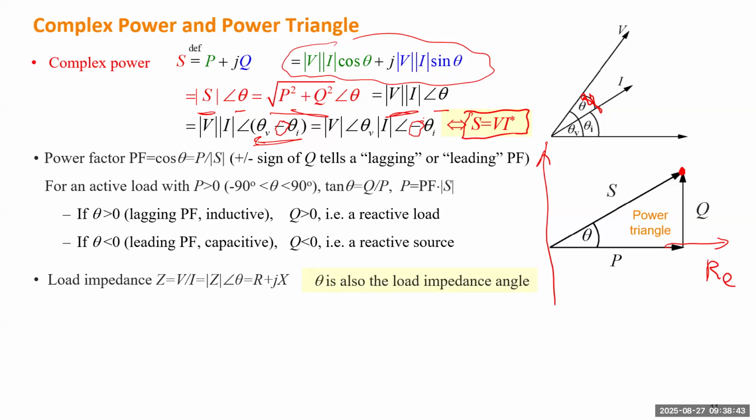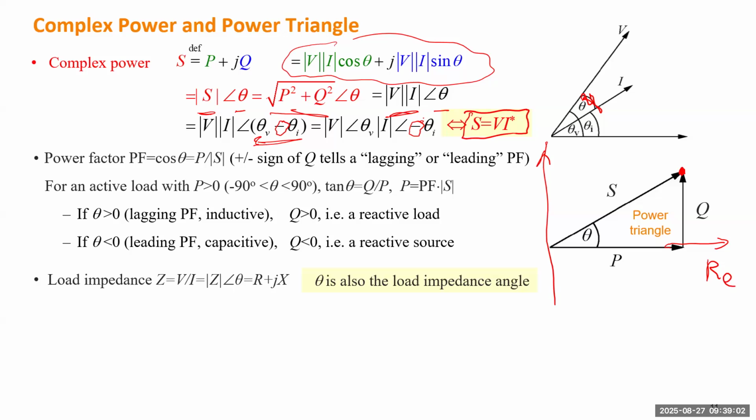Next, we can take a look at the impedance. Impedance is defined as the voltage phasor divided by the current phasor. So it has a real part and an imaginary part, and also an absolute value, and also the theta.